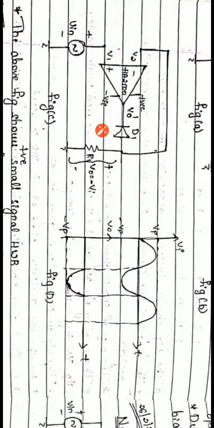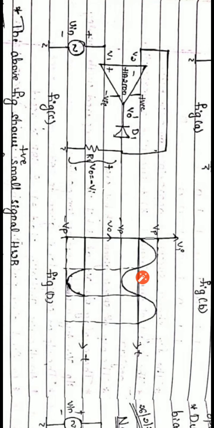When you change the direction of the diode, during the positive cycle it acts as an open circuit, therefore there is no output here. During the negative cycle of the input, the diode acts as a closed circuit and allows the output towards the load resistance RL.